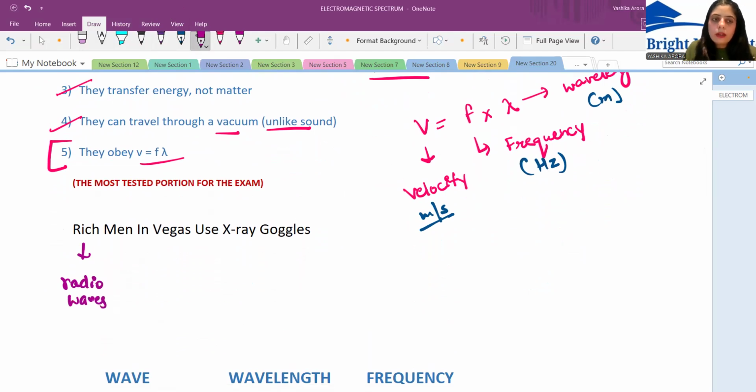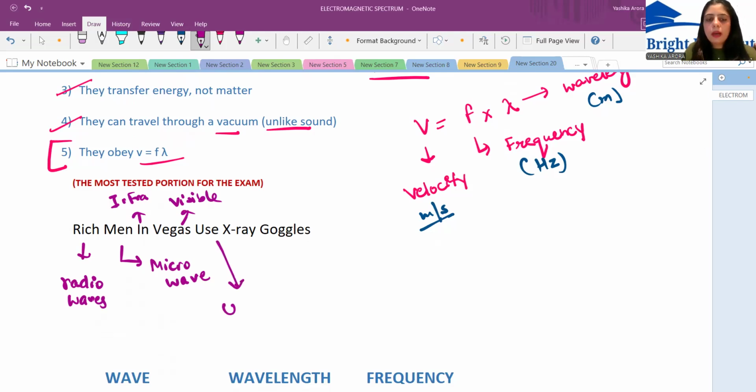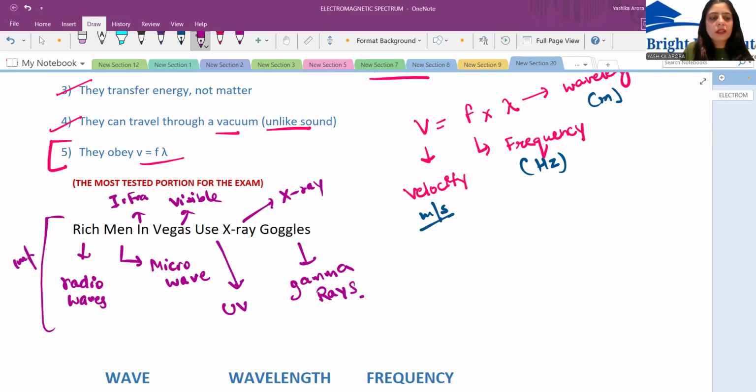From Men, microwaves. Then I for infrared. V stands for visible. U stands for UV. Then obviously X-ray, and Goggles is gamma rays. Please learn this, it is really important.